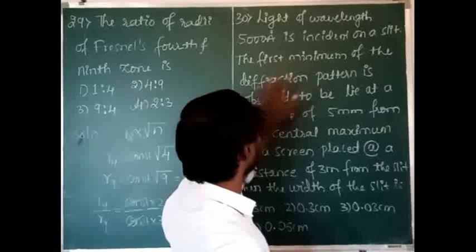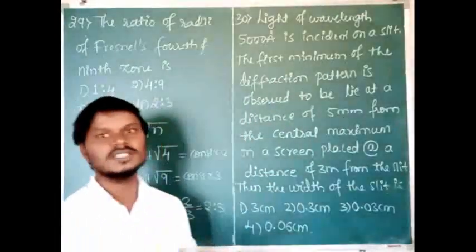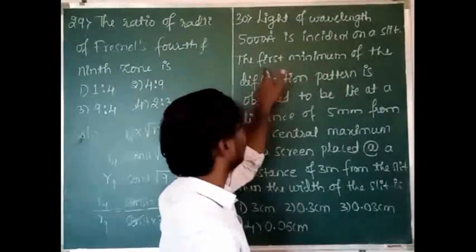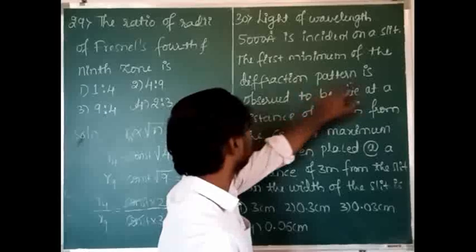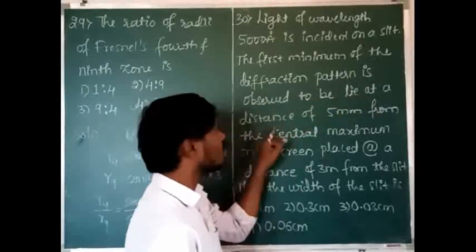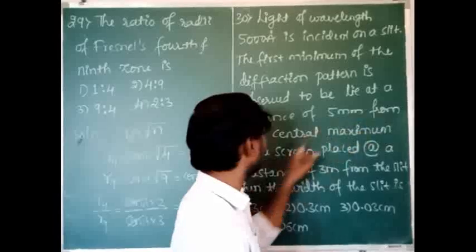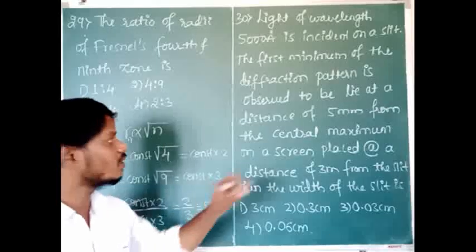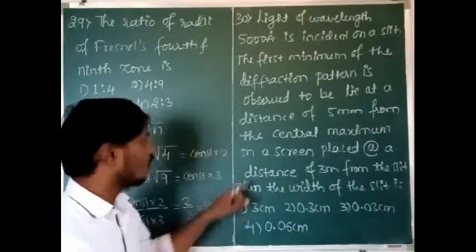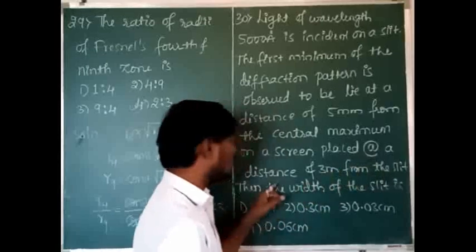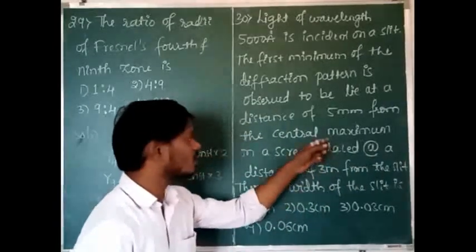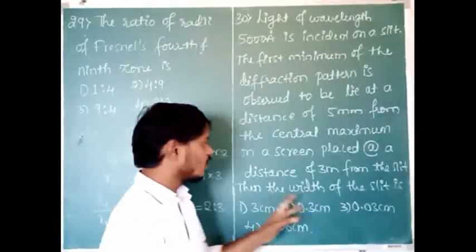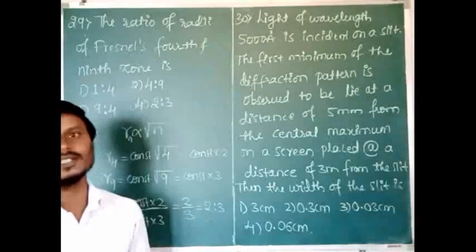The first minimum of the diffraction pattern, first minimum means first dark fringe, is observed to lie at a distance of 5 mm from the central maximum, on a screen placed at a distance of 3 meter. That is the distance of the screen from the slit, capital D. Then we have to find the width of the slit.